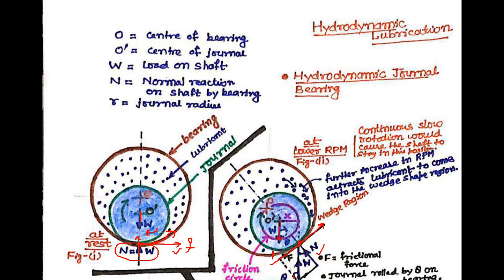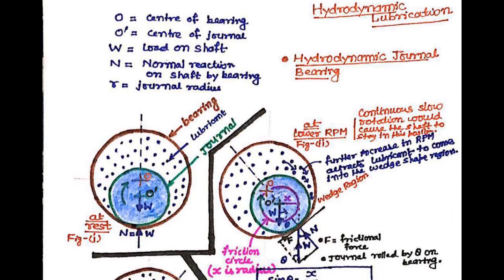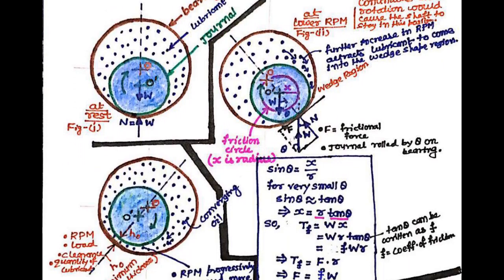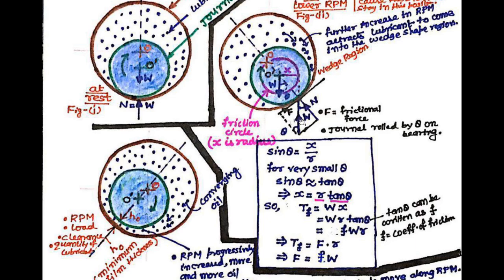Now here we can make a parallelogram taking the sides as N and the friction force F. The diagonal of this parallelogram gives the load W. This parallelogram is such that the resultant, means the diagonal, gives the load W. Now the normal reaction at the point of contact is in this direction.